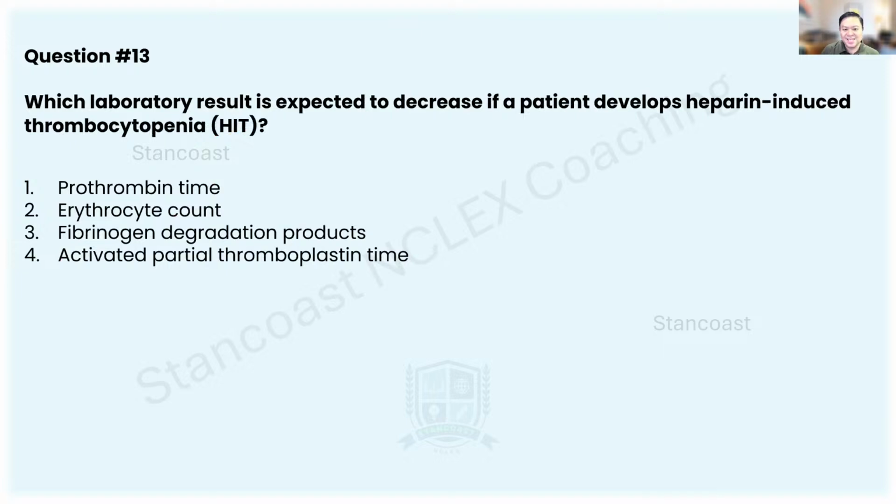Number 13, which lab result is expected to decrease if a patient develops HIT? Is it 1, prothrombin time? Is it 2, erythrocyte count? Or 3, fibrinogen degradation products? Or 4, activated partial thromboplastin time?